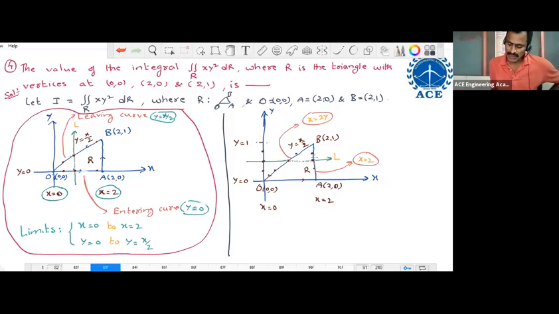Like this, we can draw lines parallel to the x-axis from y equal to 0 to y equal to 1, because our region starts from y equal to 0 and ends at y equal to 1. So y will vary from 0 to 1.